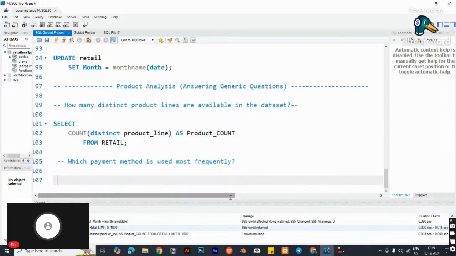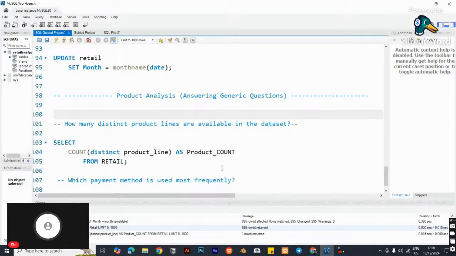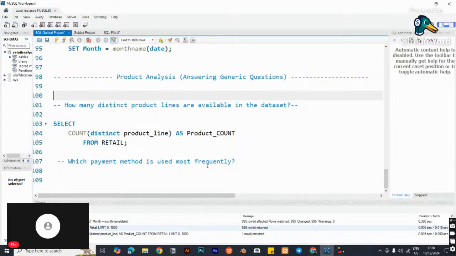Remember, I see these as word problems, and we're using SQL to crack them. So which payment method is most frequently used? How do we go about this?